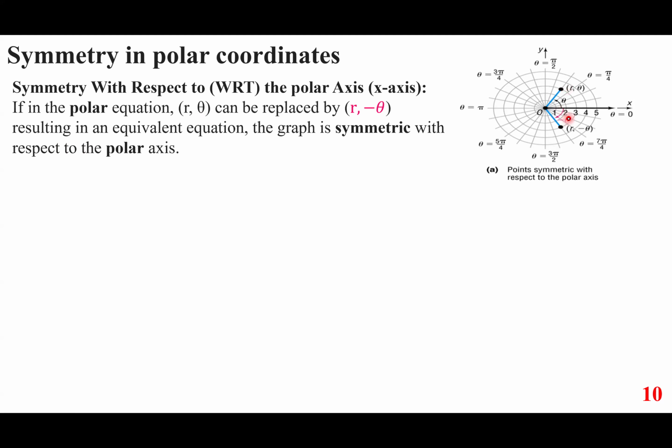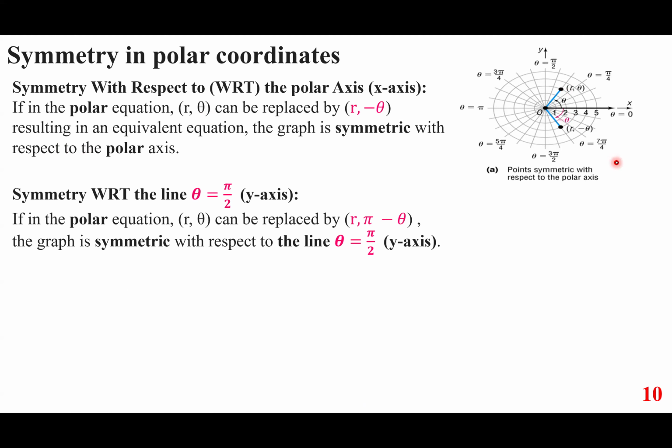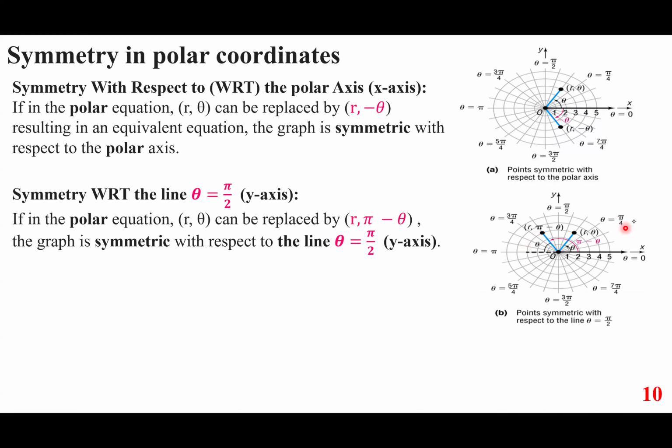Theta, minus theta, okay, R is identical. Symmetry with respect to the line theta equals pi over 2, the y-axis. If in the polar equation r comma theta can be replaced by r comma pi minus theta, the graph is symmetric with respect to the line theta equals pi over 2, like so. R comma theta, r comma pi minus theta.